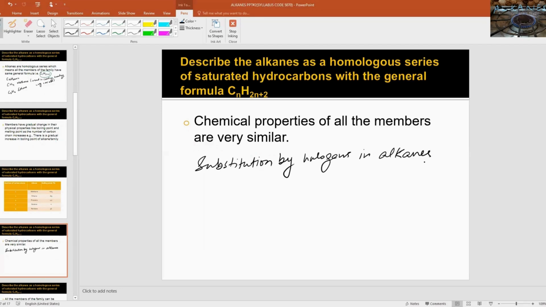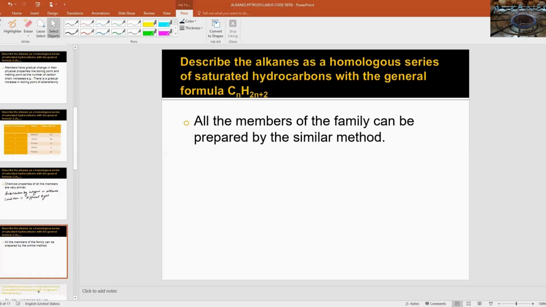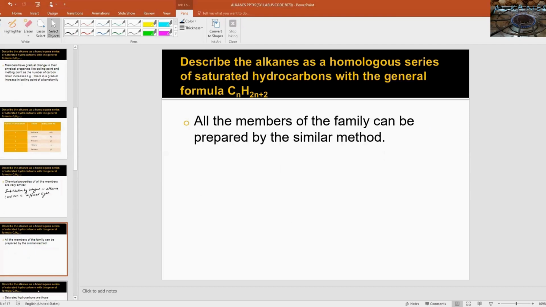Diffused light is evenly distributed, leaving no sharp shadows. Lastly, all the members of the family can be prepared by a similar method.